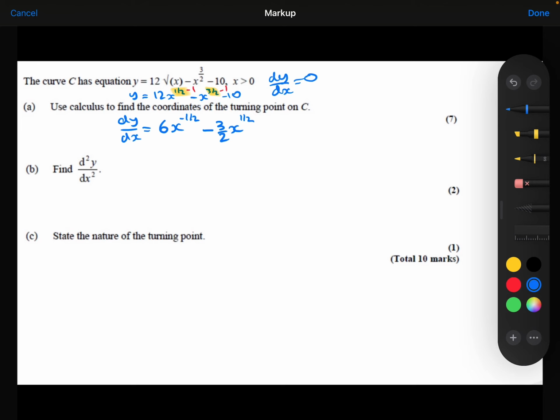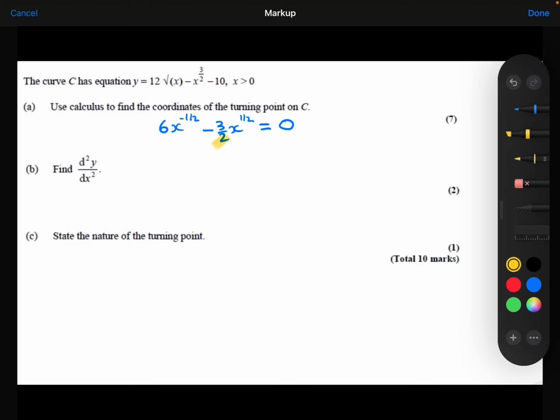I now want to make my gradient function equal to 0 to work out the turning point. So, this is the equation that we want to solve. Let me just get rid of all of that other information. This is the equation we want to solve. Now, first thing I'm going to do here is, I don't particularly like that 2 being there.